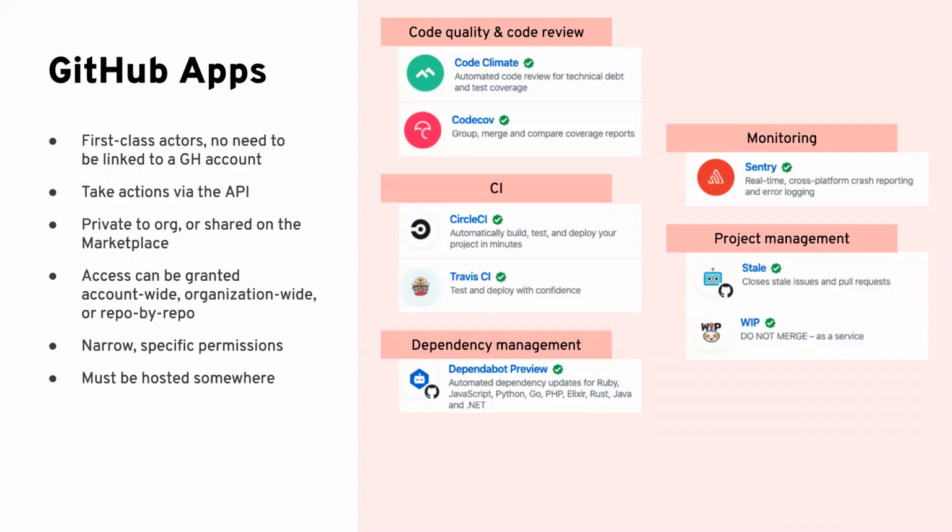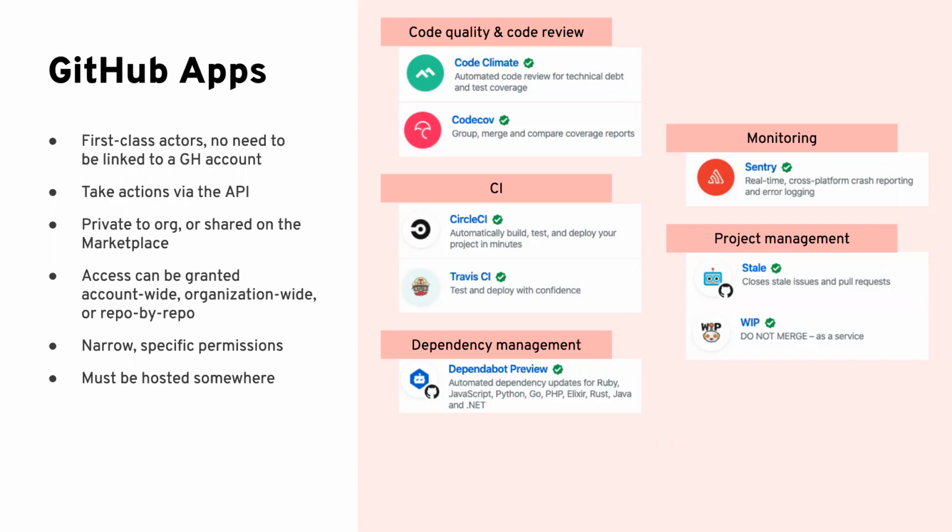Those are some of the bigger ones, but we also have these two in the bottom right for project management that are actually built using this Probot framework that we're going to talk about. The Stale app here closes stale issues and pull requests, and the Work in Progress application blocks merge requests on those PRs that have WIP colon as a prefix for the name of that pull request, something that is already in place on GitLab if you've seen it there.